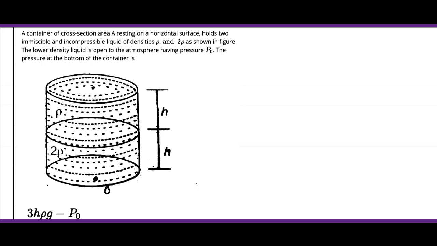Now the atmospheric pressure on the liquid of lower density is P naught.